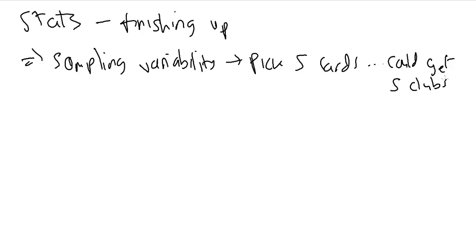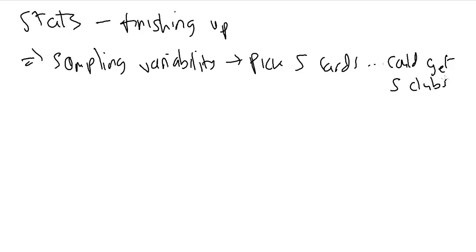Now, that's the kind of issue that we want to think about and look at in this lesson. Probabilistically, the chances of that happening are very low if the cards were randomized, if they were shuffled, say.